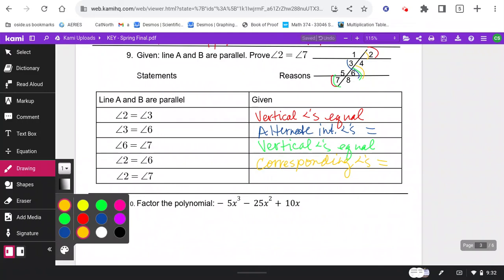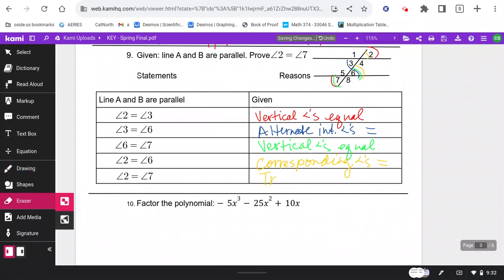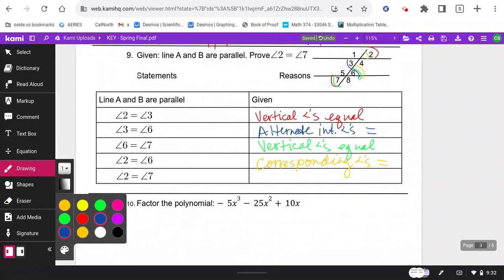So if 2 and 3 are equal, basically we're using transitivity here. Because if 2 and 3 are equal, and 3 and 6 are equal, and 6 and 7 are equal, then 2 and 7 have to be equal.